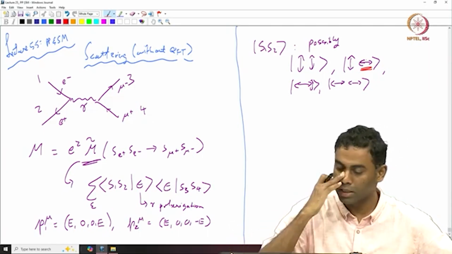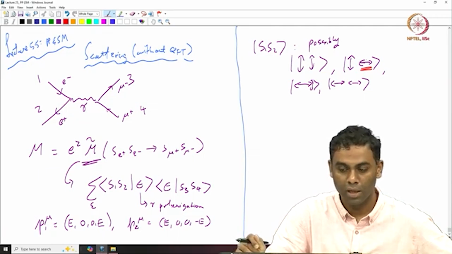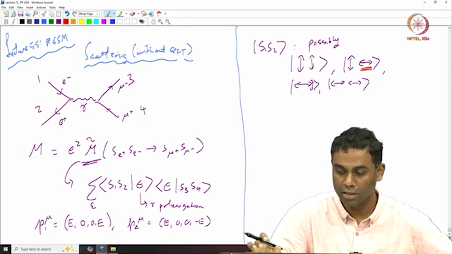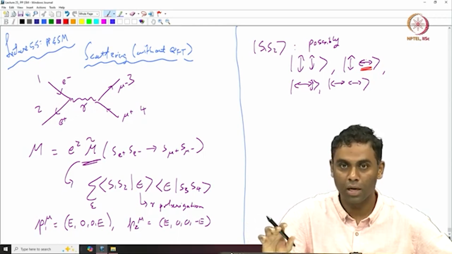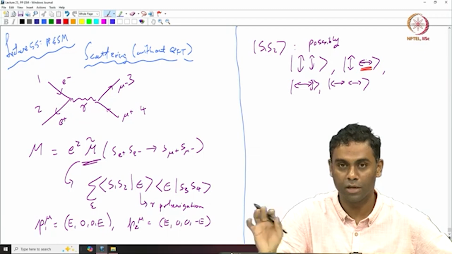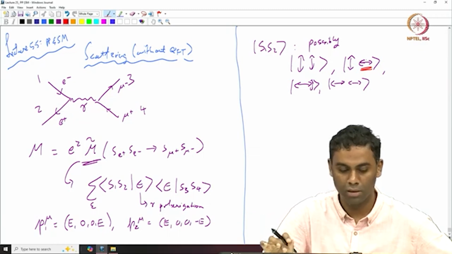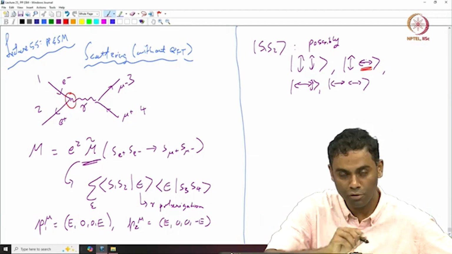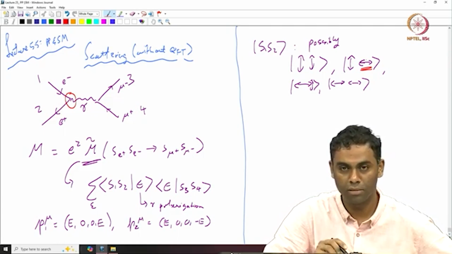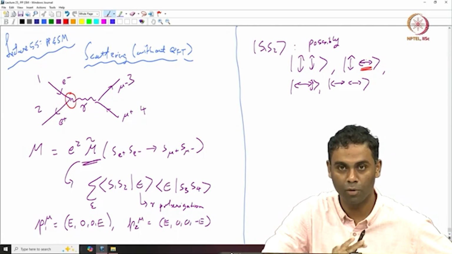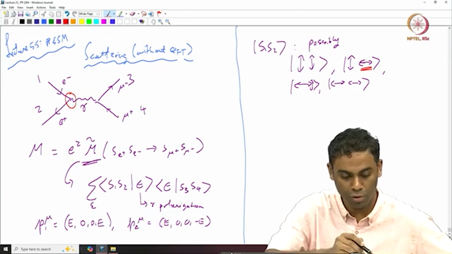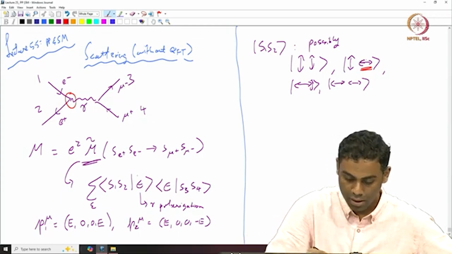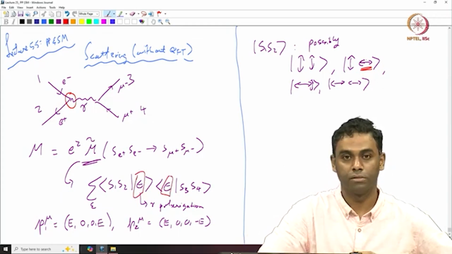Why is that? Because only the possibilities of the helicities that add up to a spin 1 can participate in the process. Because you are connecting to a photon here, you have to go through a photon. So even though this is not in real space, the Feynman diagram being all in momentum space, the point still stands.